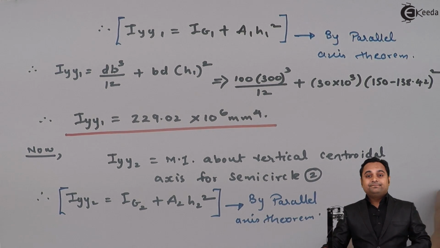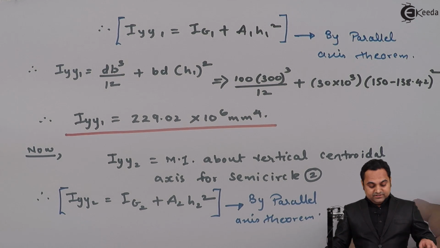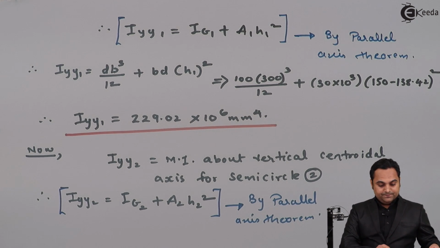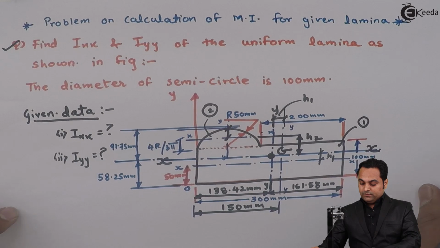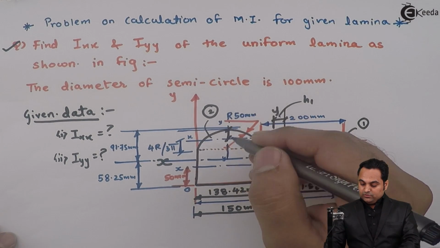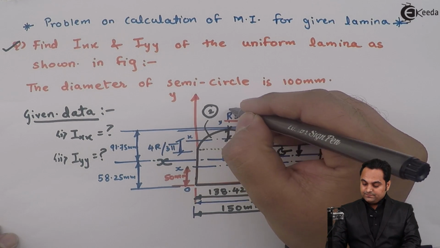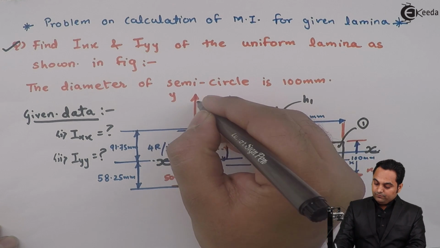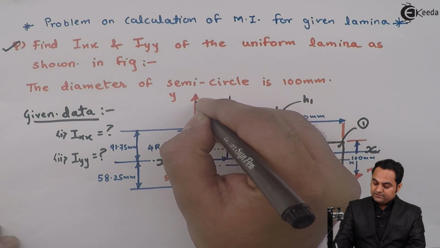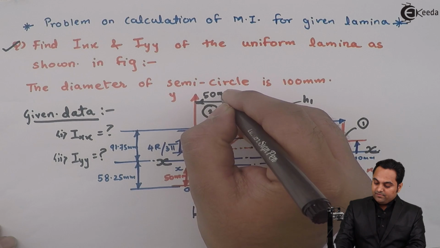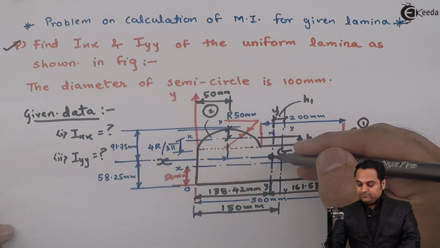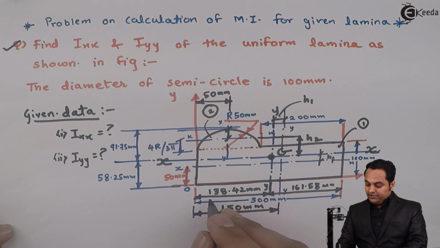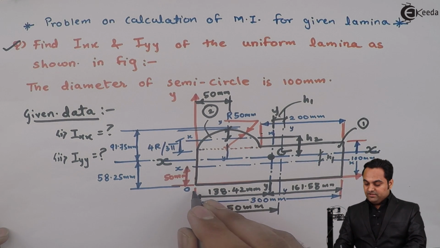Now if we see here in the diagram, the y-axis for semicircle is located at 50 mm distance from the reference axis. Here this is 50 mm, but the y-axis for complete system is located at 138.42 mm from the same axis.